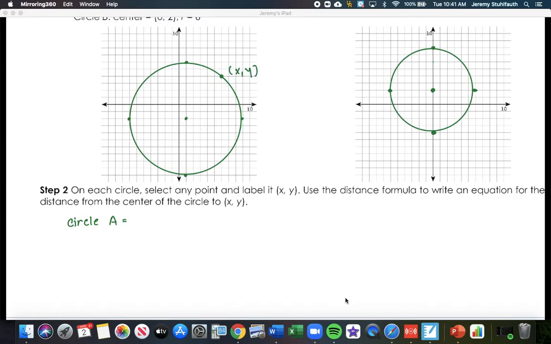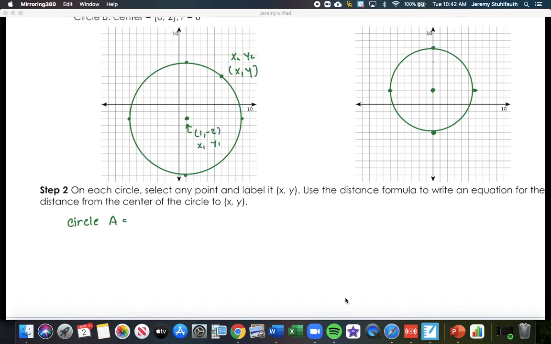We'll call it (x2, y2). And the center is (1, -2), which we'll call (x1, y1).